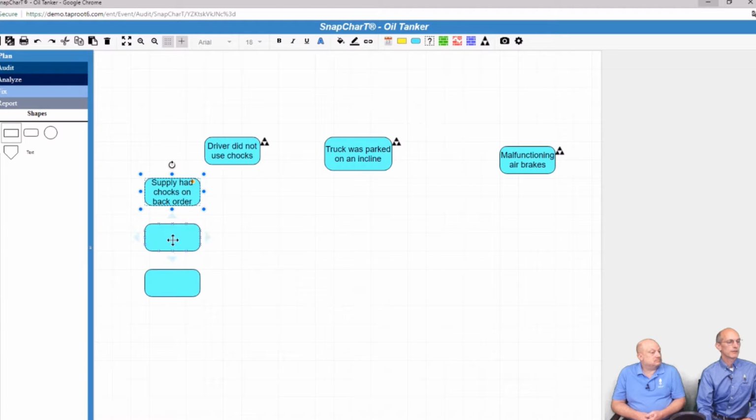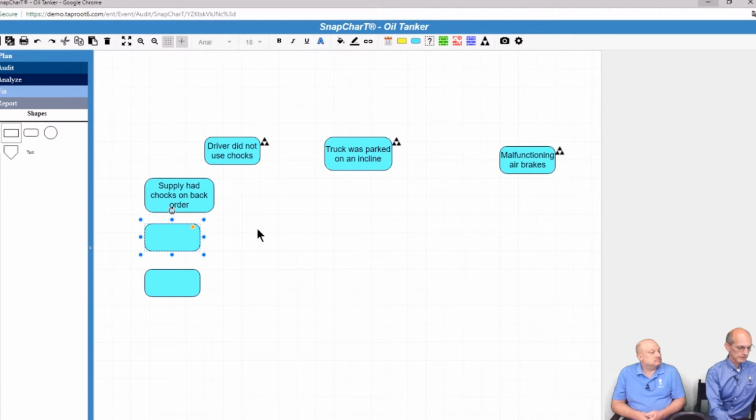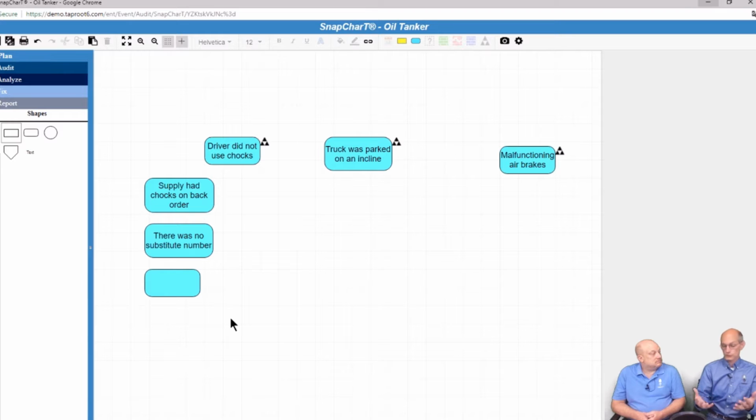And maybe we'd find out that there was no substitute number. So the supply guys didn't realize that they could pull up a substitute for these chocks. And there might be other things that you'd find in here about why the chocks weren't there.